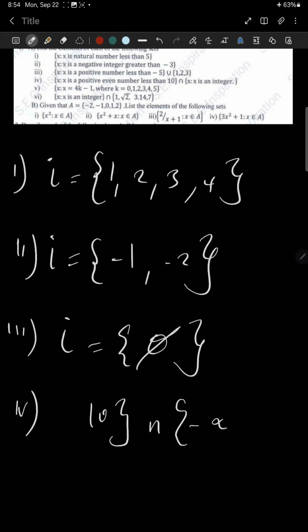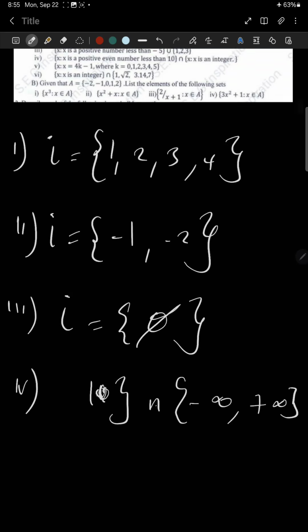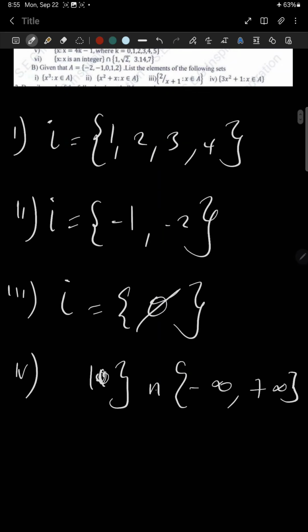It means from -infinity to positive infinity, excluding fractions, right? So now intersection means numbers that are found in both. So what is a positive even number that is in between these? Okay, so the answer here will be I.